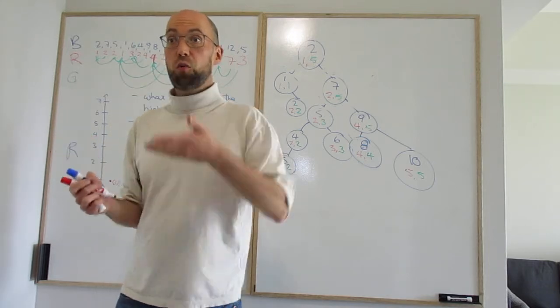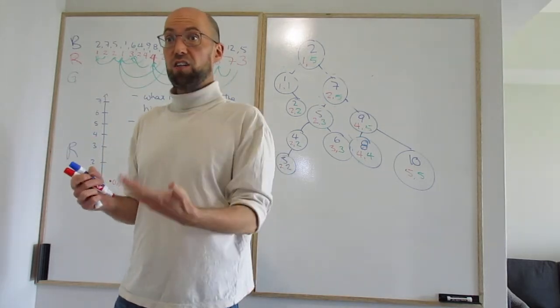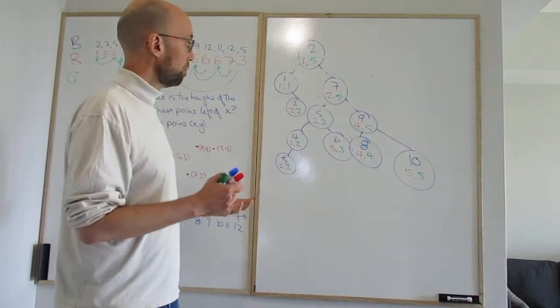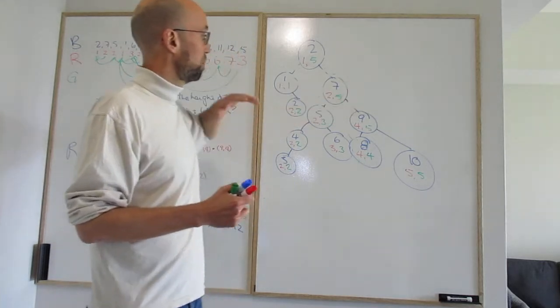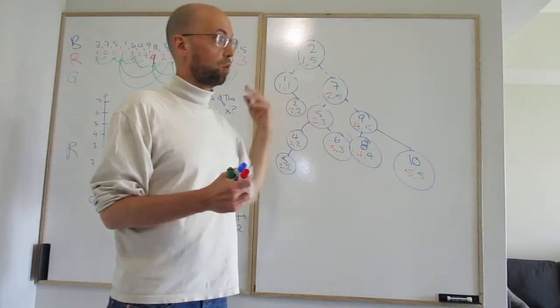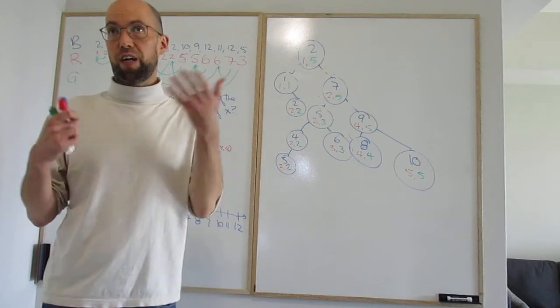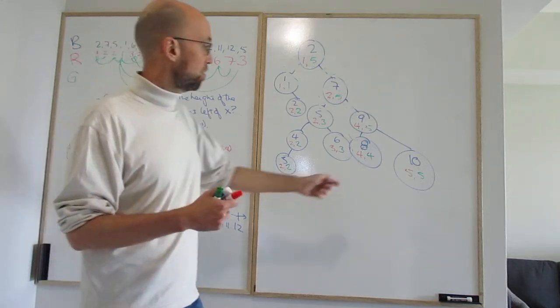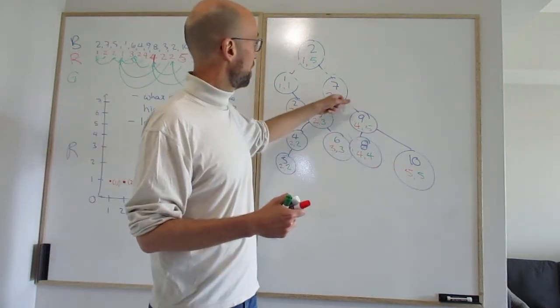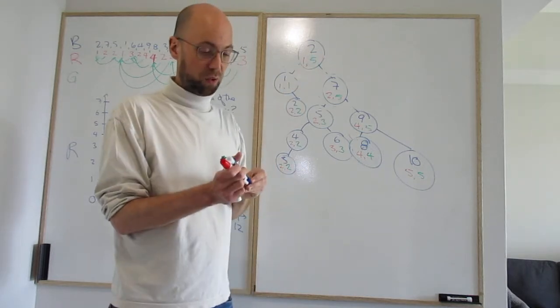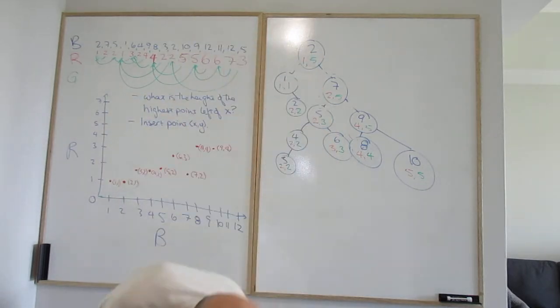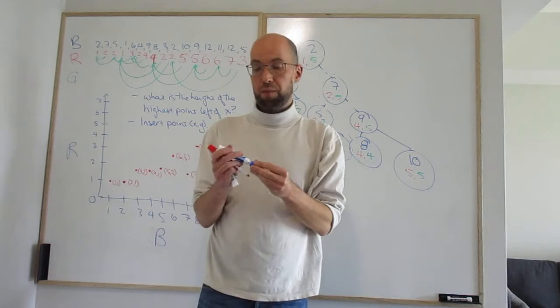So in total, this query takes order h time, and then to do the insertion takes order h time because it's a binary search tree. And then to update the maxima stored at the ancestors takes order h time.